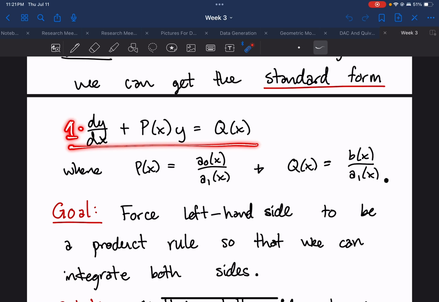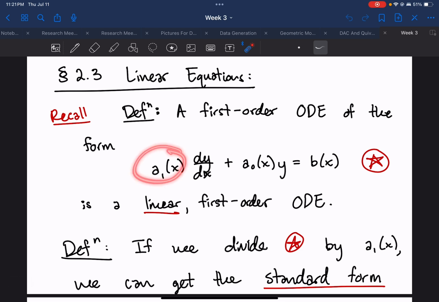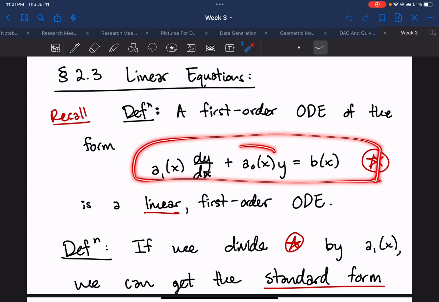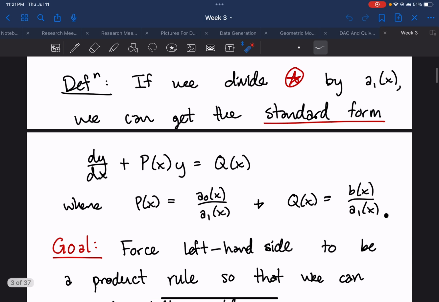If there's a function out front of dy dx, you have to divide everywhere by that function first. I can't just use this equation here and call this my p of x, because this is not a 1. This has to be a 1 in order for this to be p of x. So make sure when you're doing this method that you have a 1 out front. And then your integrating factor can be found by integrating this p of x and raising e to that power.